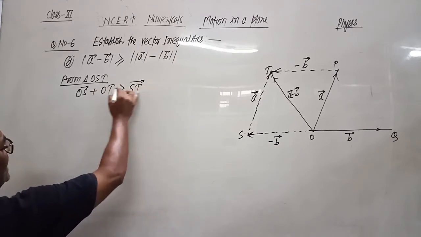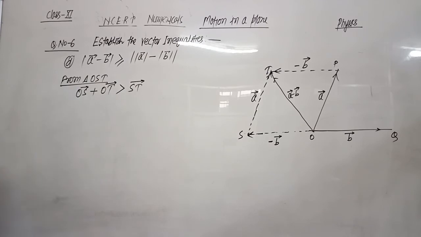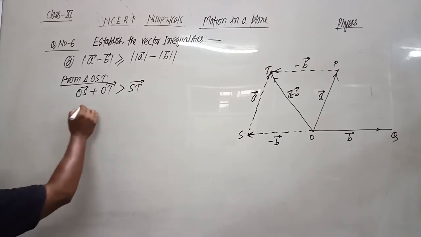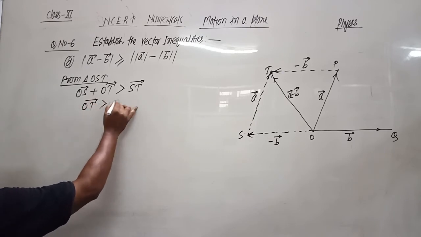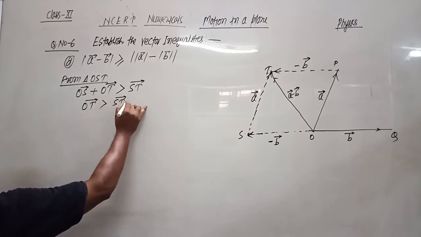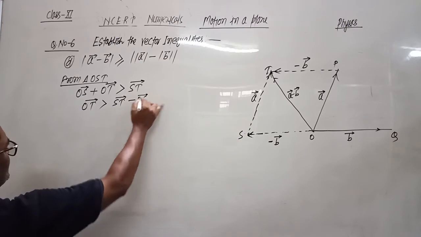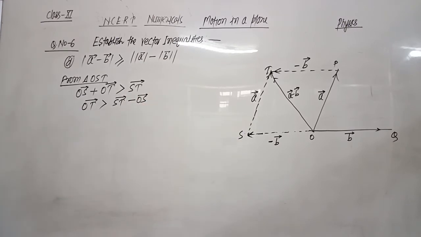This is the concept that the sum of two sides is greater than the third side. So OT vector is greater than ST vector minus OS vector.